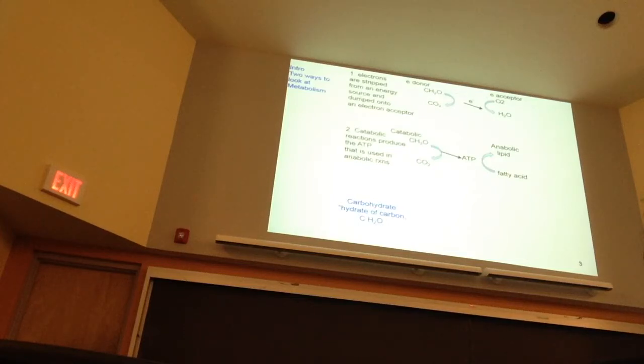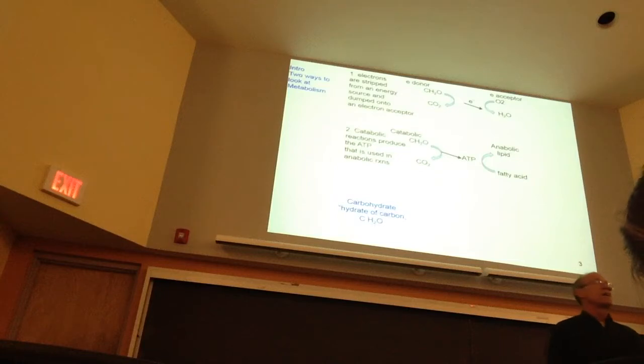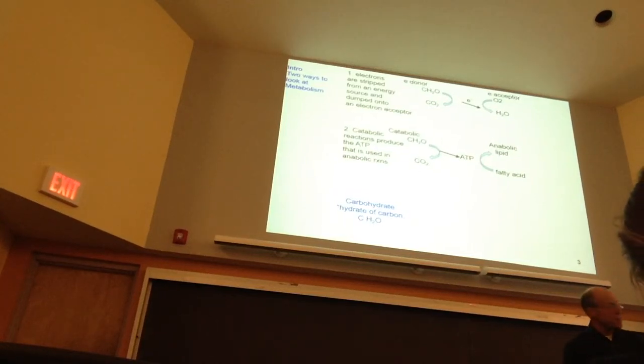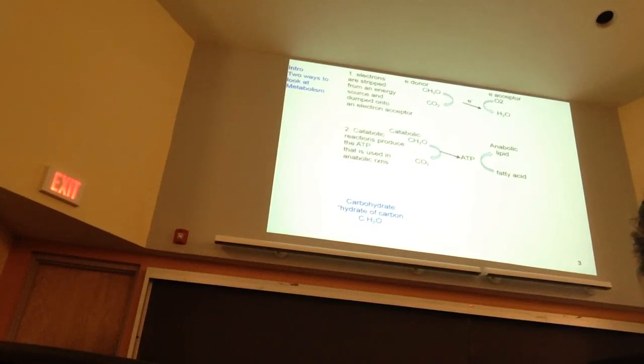So here's your carbohydrate, energy-rich, electron-rich. So I'm really going to stress energy is associated with electrons, even more basal and more primary than ATP. So it's the electrons that go to make ATP. And so electrons are the more primal energy source.